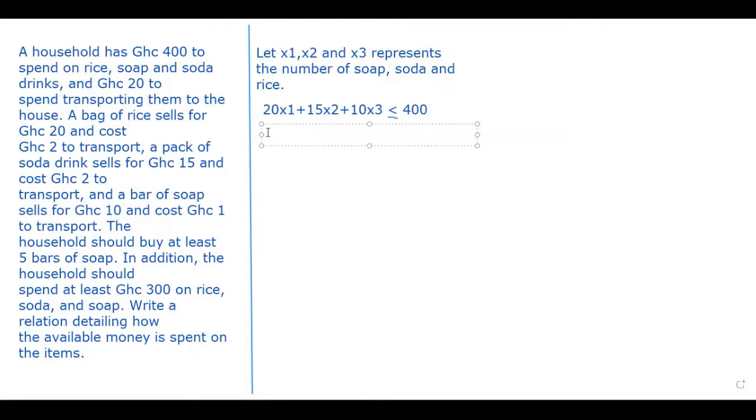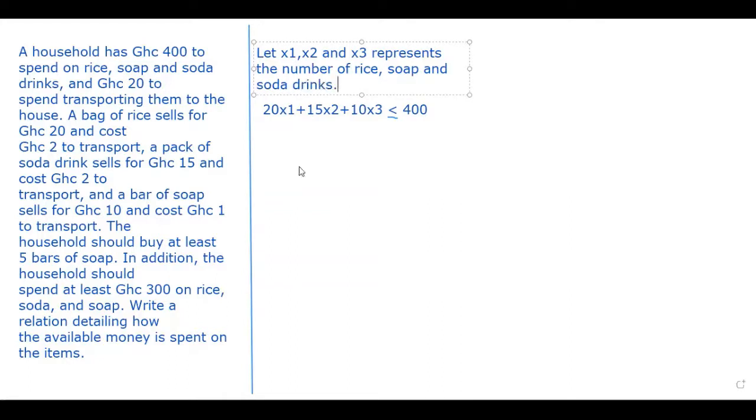Rice. Soap. There was a problem on the definition. So the first one was rice. Second one, x2 is soap. And the third one is soda drinks.